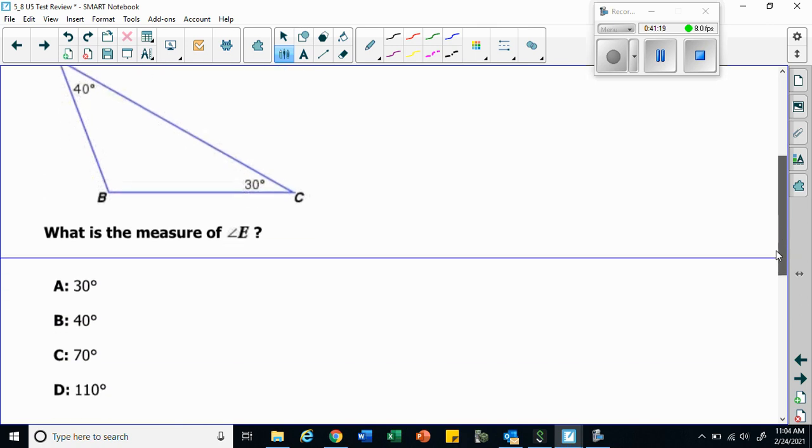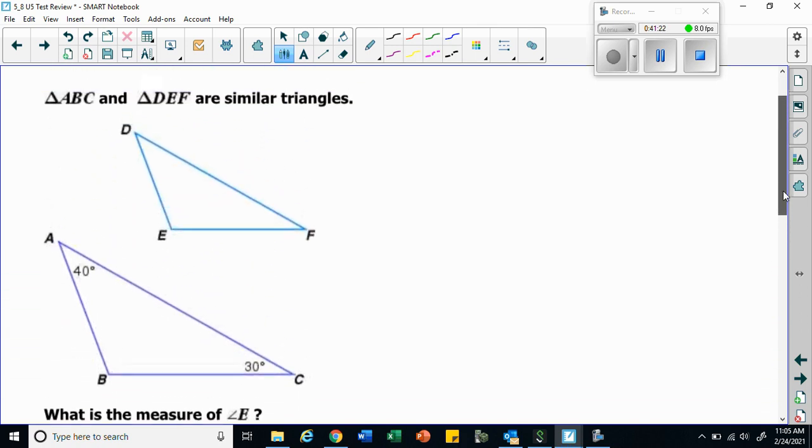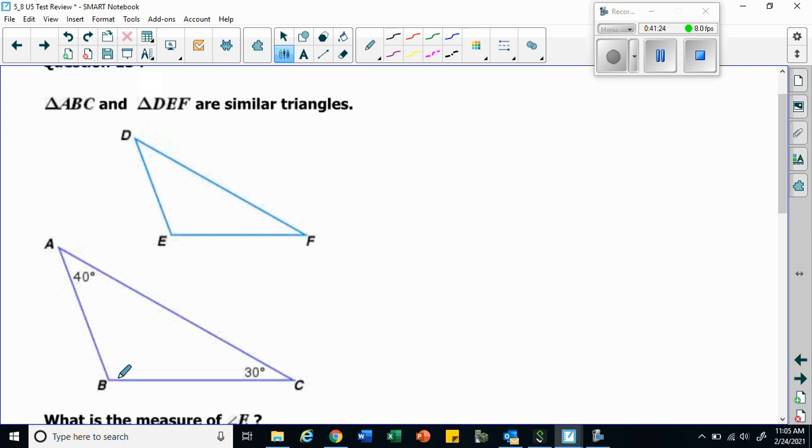Give me 1 second. So the first thing I'm going to do is I'm going to find the third angle in this triangle right here, right? Because if I find all 3 angles in this triangle, I know that my angles are going to be corresponding with this triangle right here. So I'm going to do the math. So to find the third angle of a triangle, I need to do 40 plus 30, right?